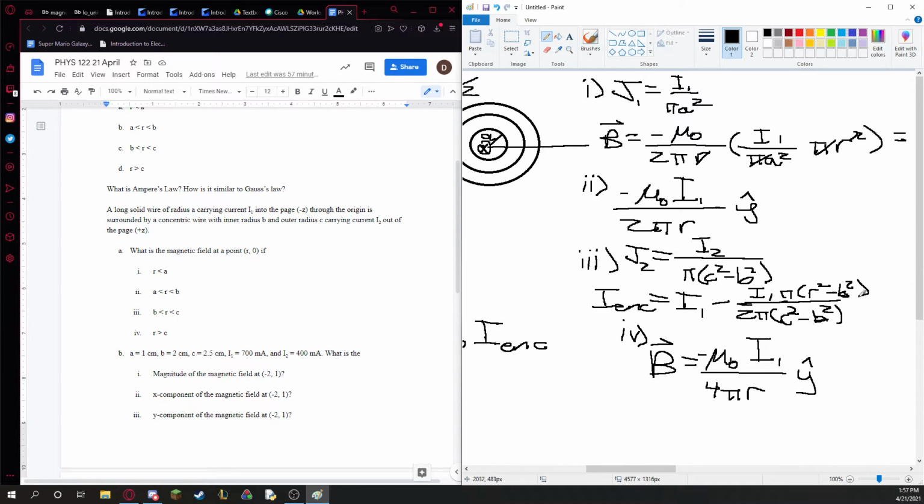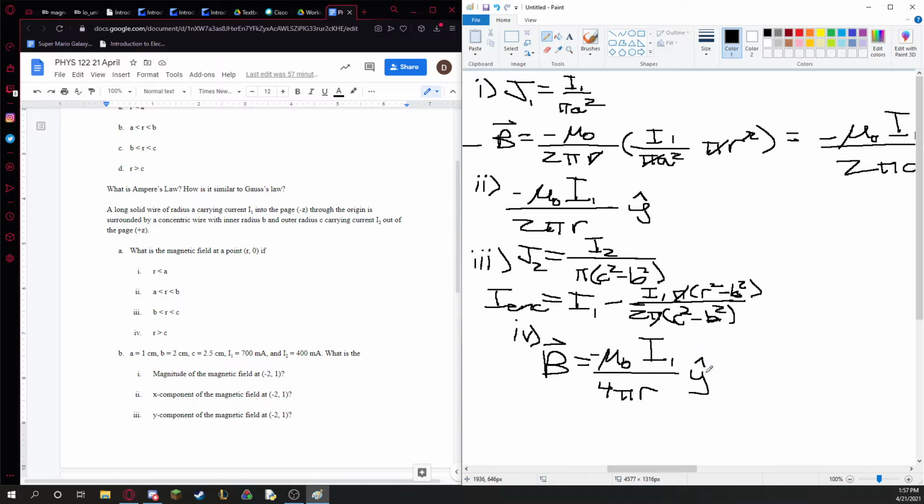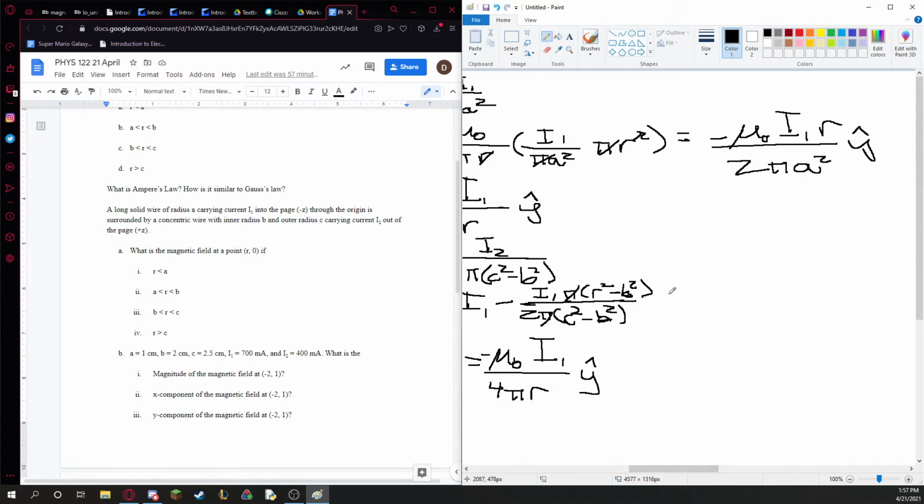Exactly. So the pi cancels out, and we have this ugly ratio of r squared minus b squared over c squared minus b squared that isn't easily simplified, but that's fine because it's all things that we could technically measure.